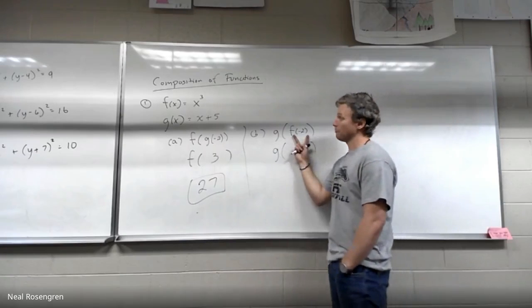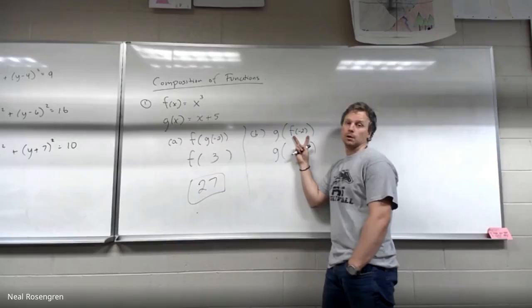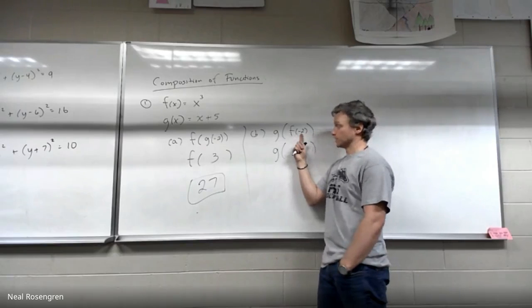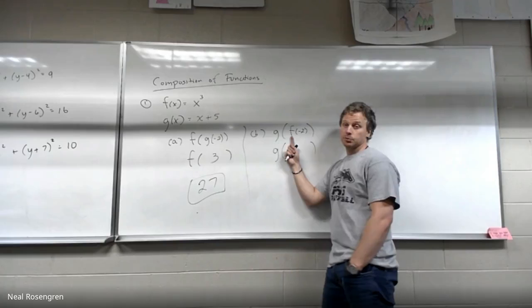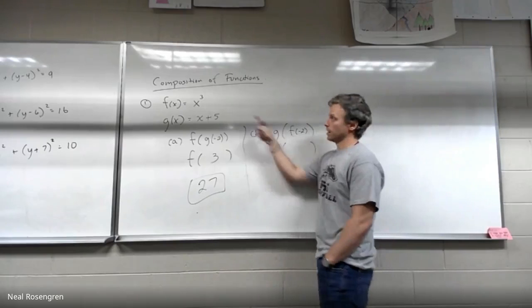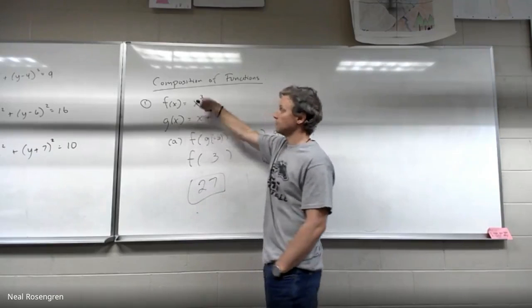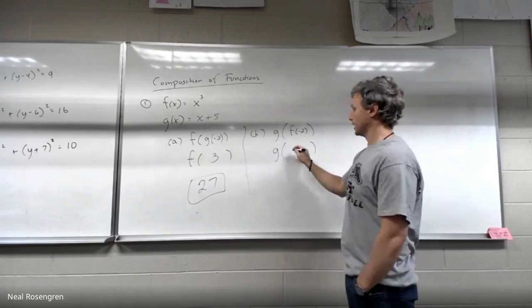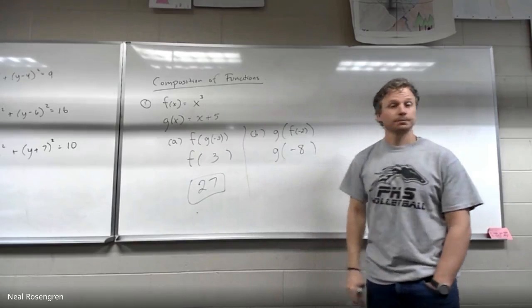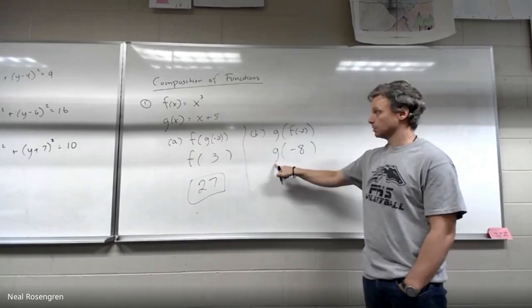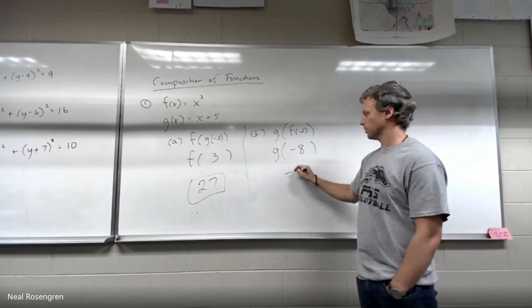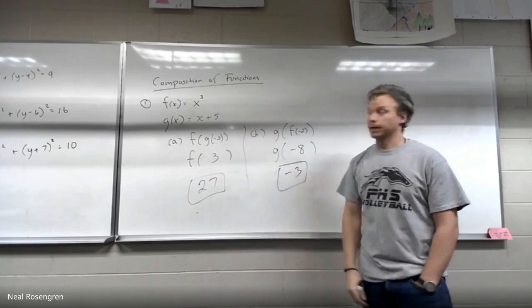So I'm going to do f of -2 first and see what I get. That says take x, make it -2, and plug that -2 into that inside function, that f. So I'm going to drop -2 in right there and see what I get. -2 cubed is -8. And then I take -8 and drop it into g. -8 plus 5 is -3.